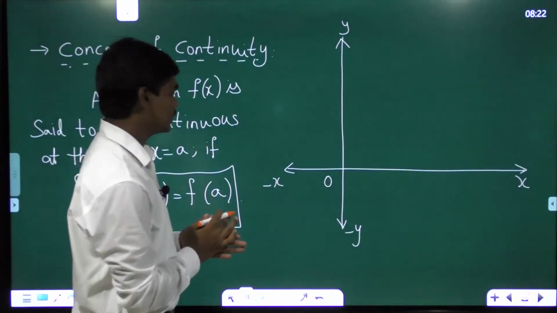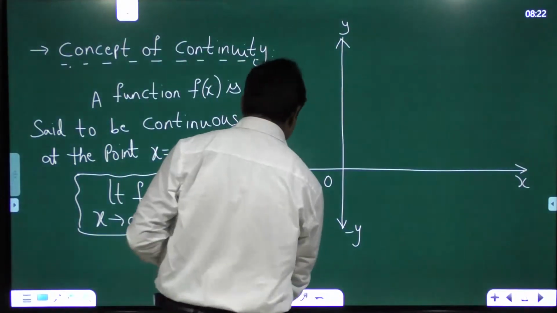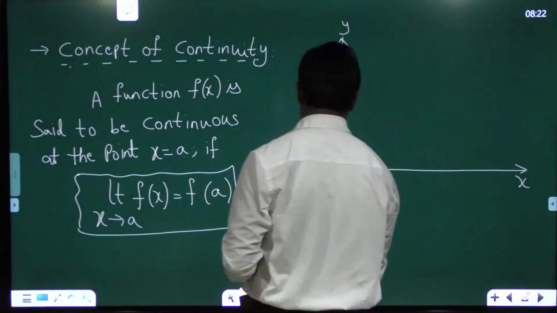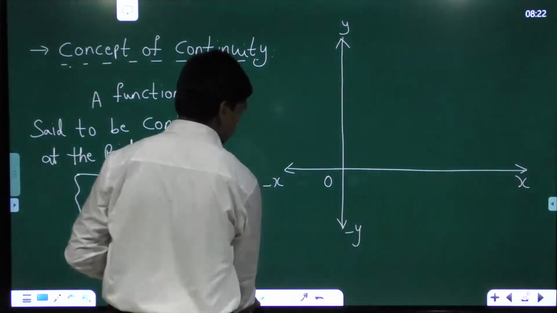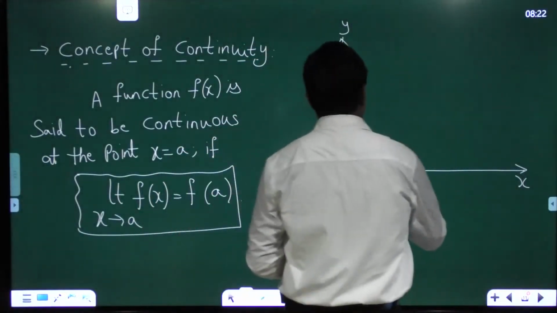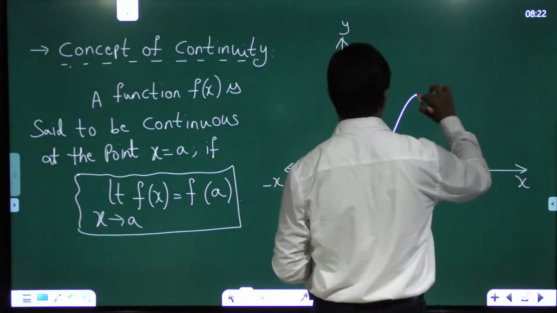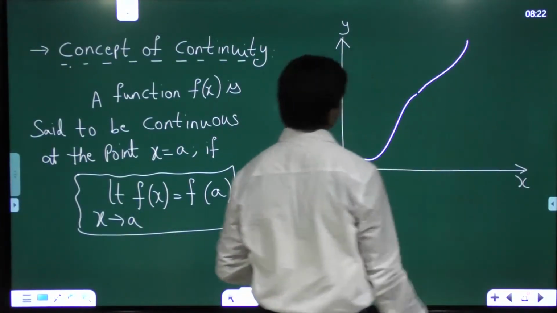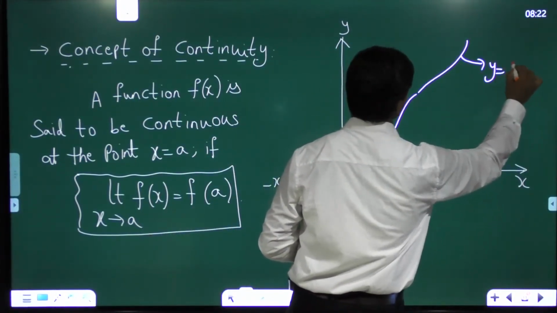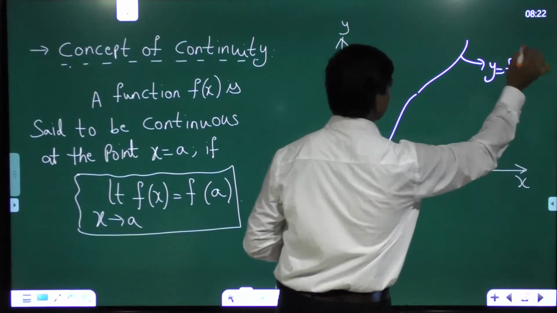Now see carefully. Let me draw a function that I discussed yesterday, using a different color so we could see it. Let us suppose this is the curve y is equal to f of x.